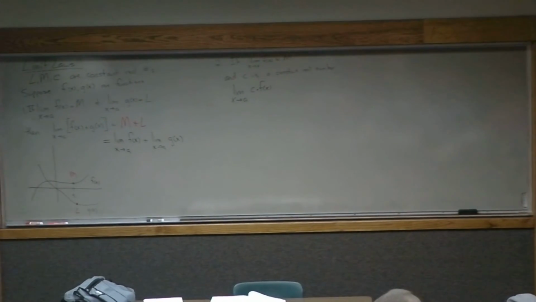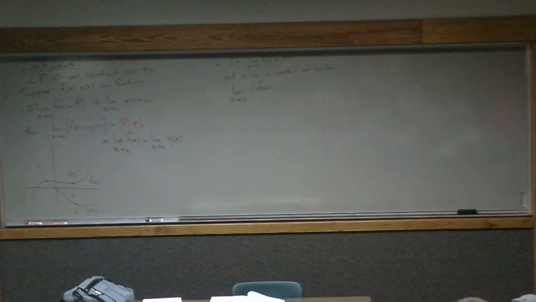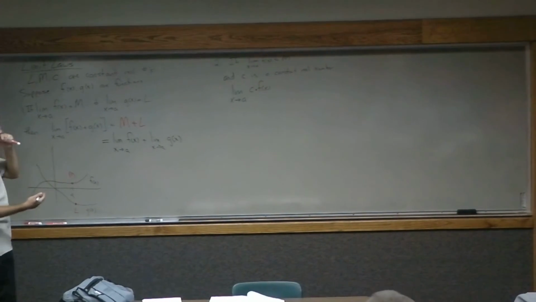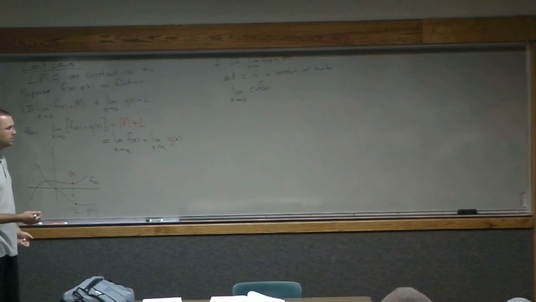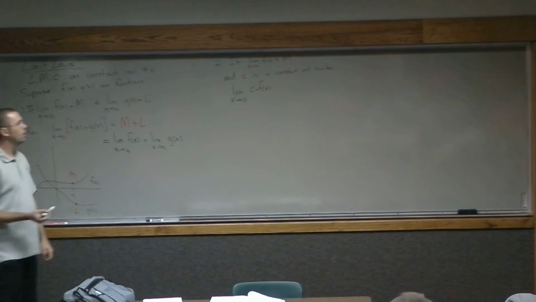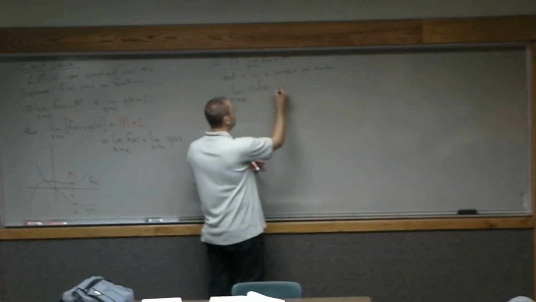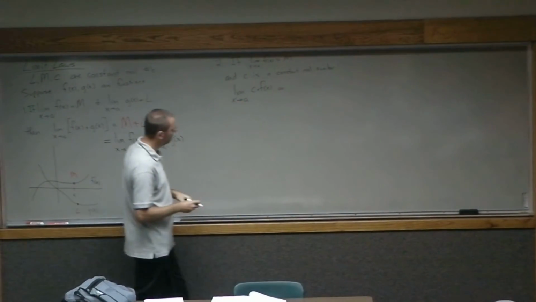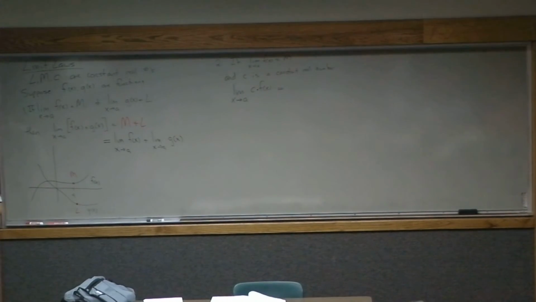So what I have is a function, and all I'm doing is multiplying every value of that function by the same constant, whatever constant you want it to be. Pick your favorite number, multiply f of x by that number. If I'm doing that to every single value, if I want to calculate the limit of that new constant times f of x, what should I get?